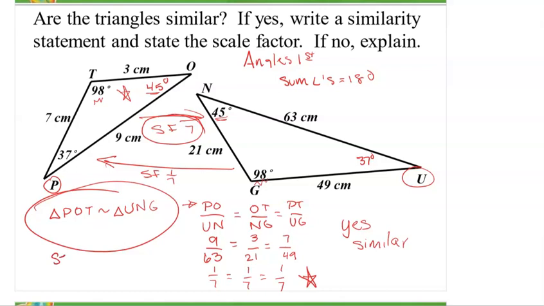So the scale factor from triangle POT to triangle UNG is going to be 1/7. So you're always, again, looking for the first word. That's the one that goes on top of the fraction.